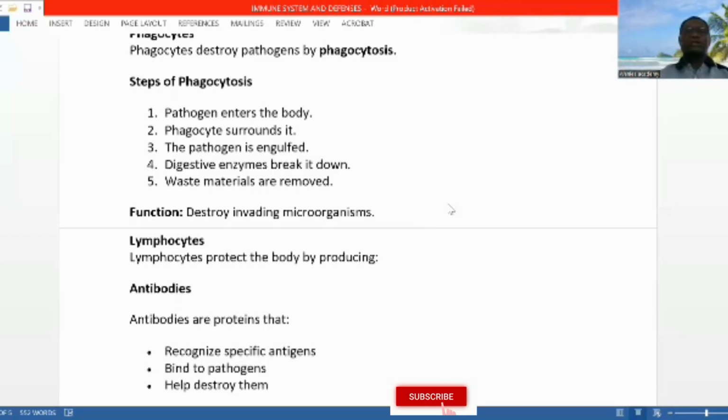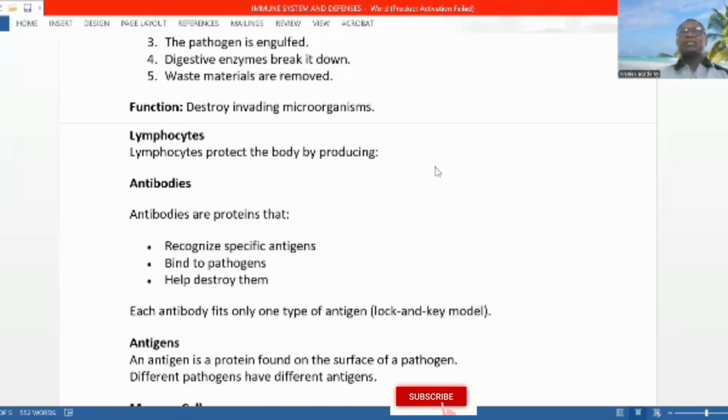The lymphocytes are also involved in the body defense mechanism when microbes or pathogens gain entrance into the body. The lymphocyte protects the body by producing antibodies and antigens. Antibodies are proteins that recognize or identify invading pathogens.